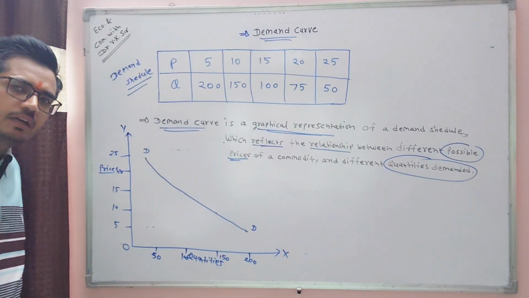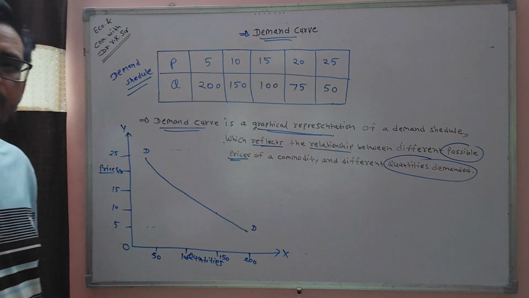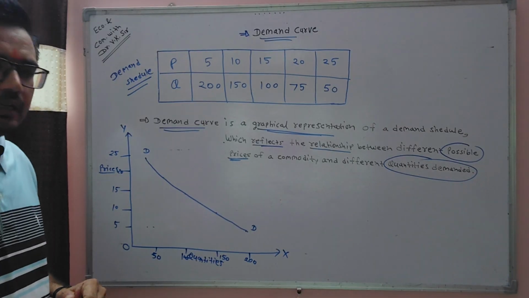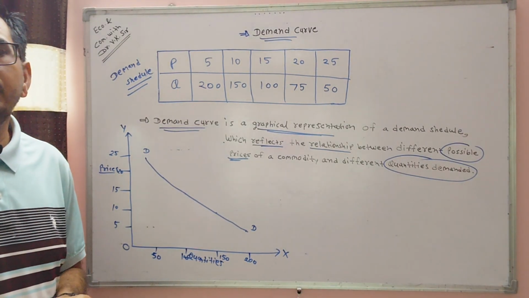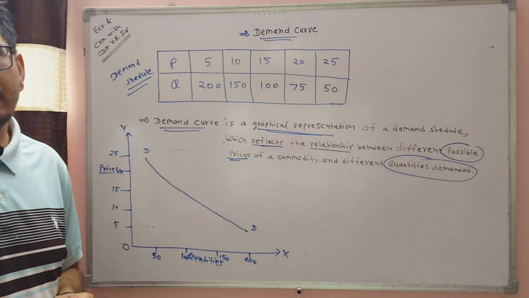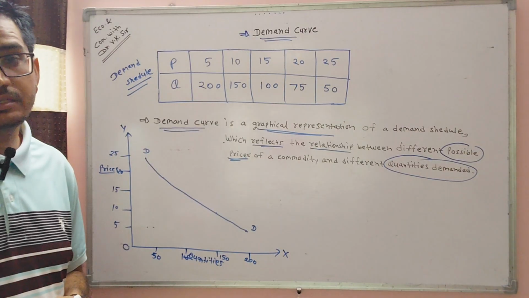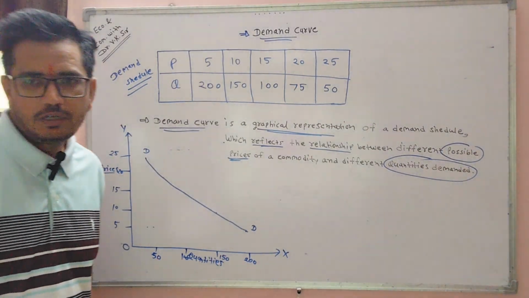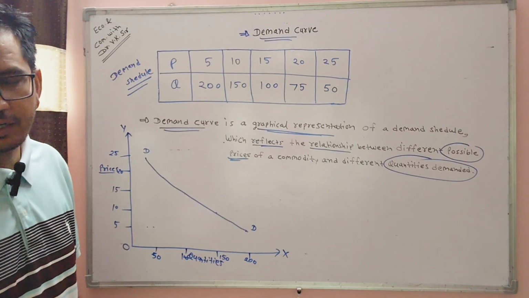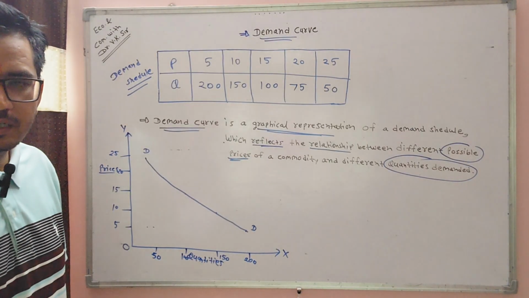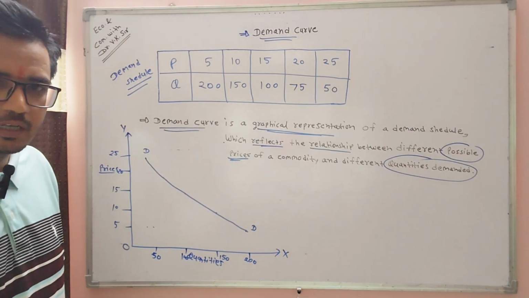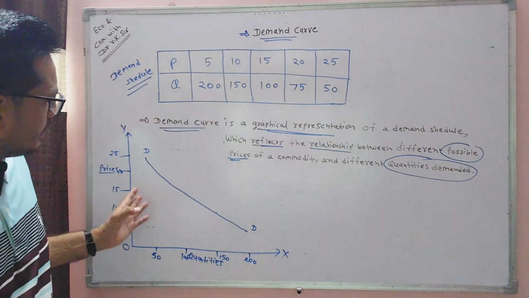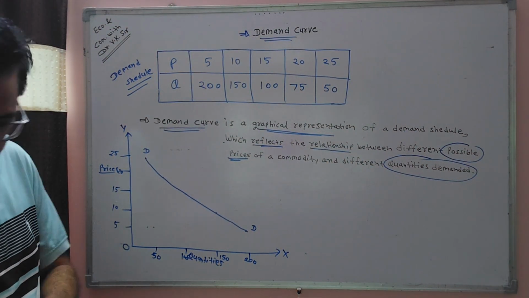Why? Because that is a relationship between price and demand, an inverse relationship between price and demand. When price increases, demand decreases. When price decreases, demand increases. So that's happening here.